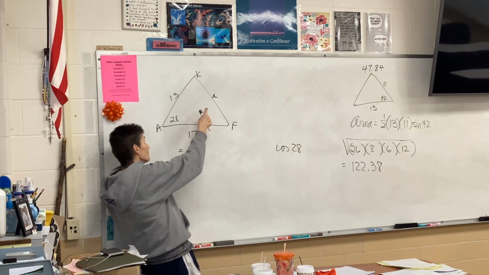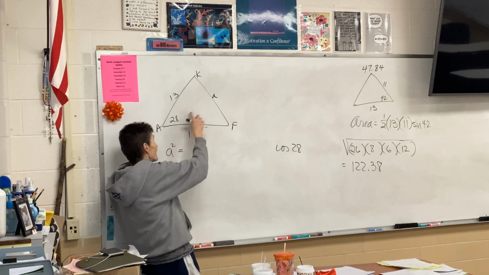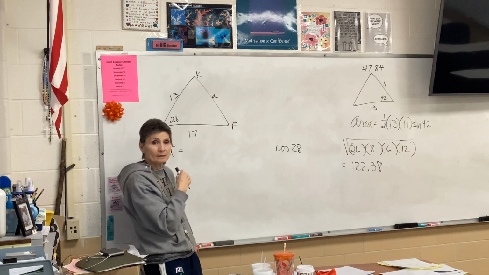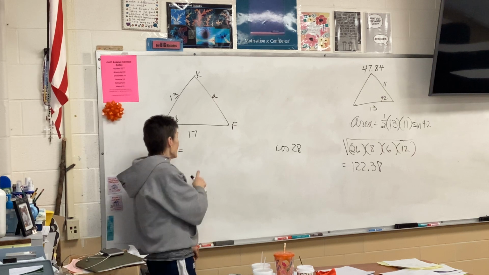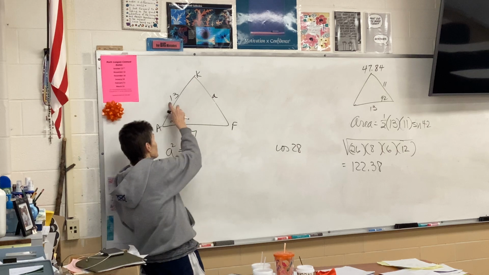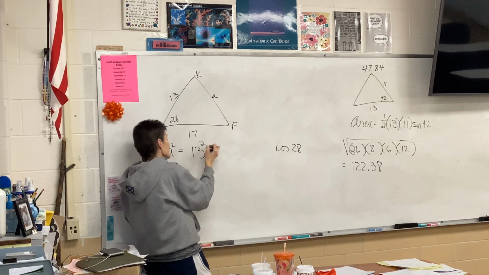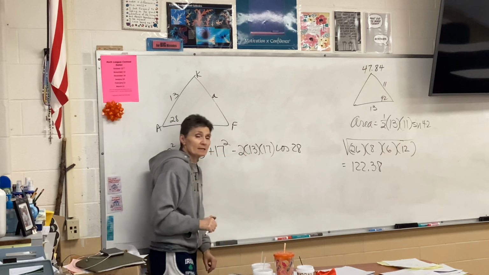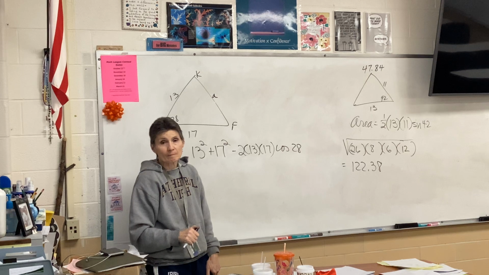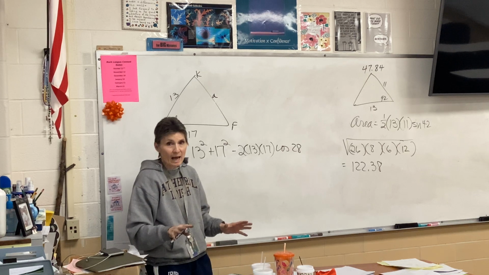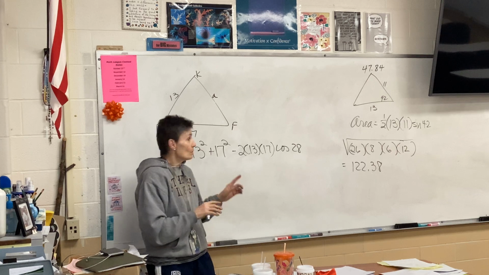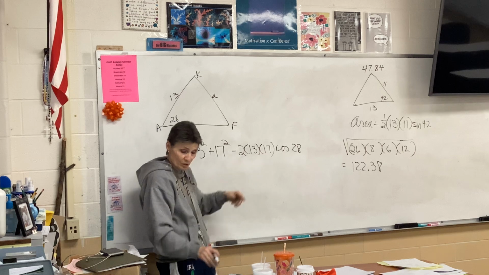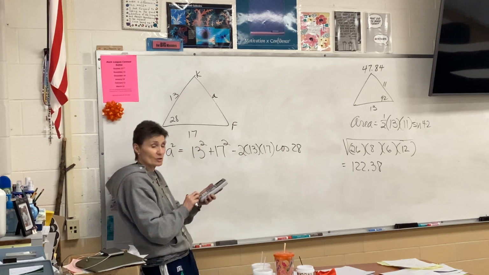Back here on the other end will go the side that matches up with 28, which is a squared. And then in the middle will be that combination of 13 and 17: 13 squared plus 17 squared minus 2 times 13 times 17 times cosine 28.